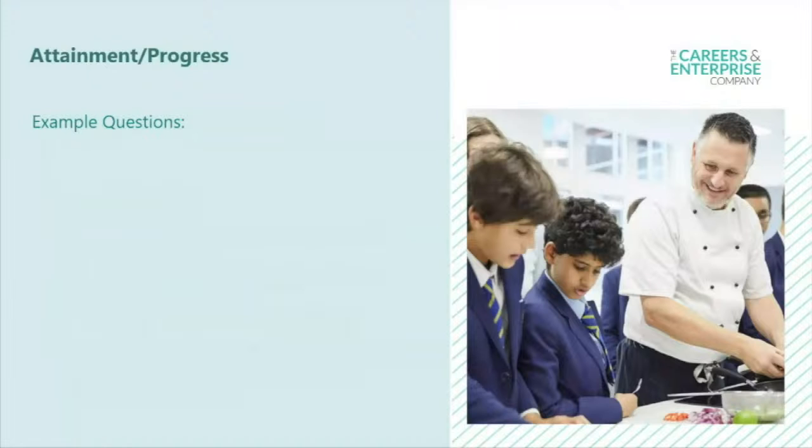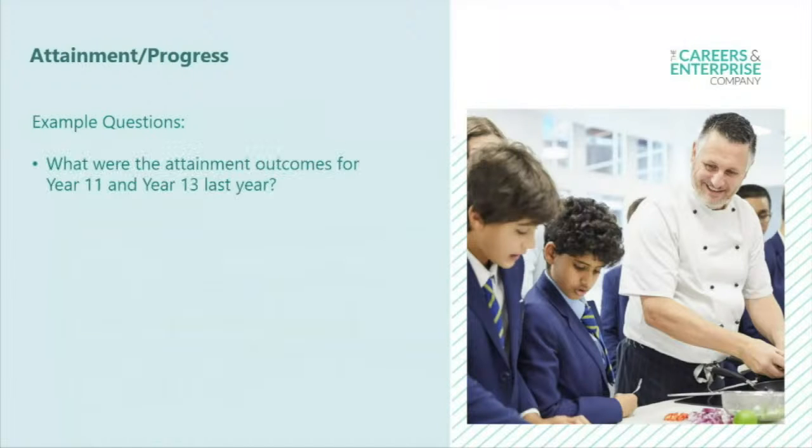Thinking about attainment and progress, this isn't something that sits under the direct responsibility purely of a careers leader, but it could be worth looking at attainment and progress data just to understand where careers sits within that and any potential impact. So some potential questions are just for your awareness as a careers leader. What were the outcomes?